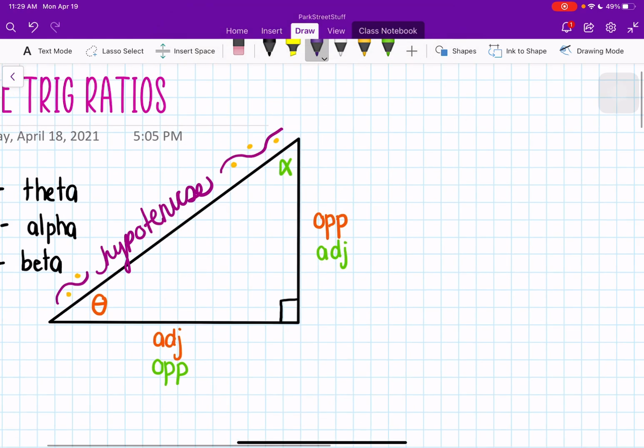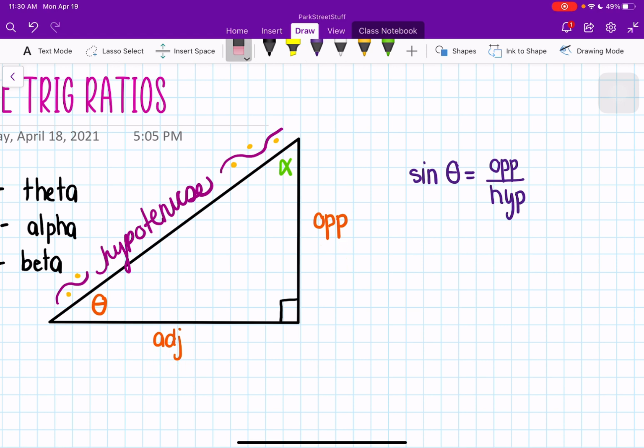So our trig ratios, we're going to write out the definitions here. So sine, and we write it like this, but we don't call it sin, we say sine. So sine of theta is equal to opposite over hypotenuse. So I'm just going to take out alpha for now. And then we have cosine, which we shorten as cos.